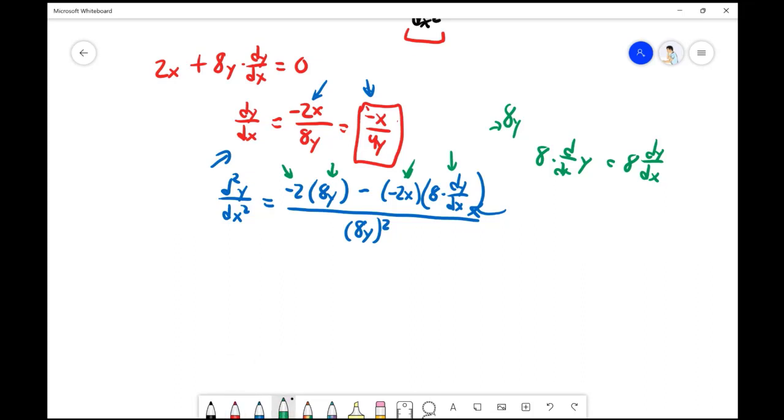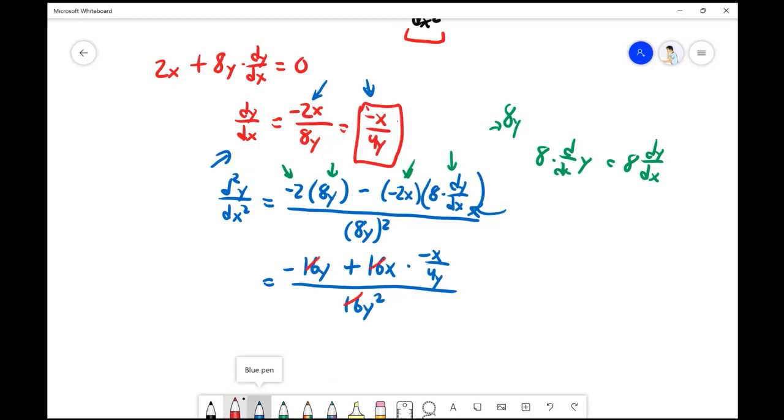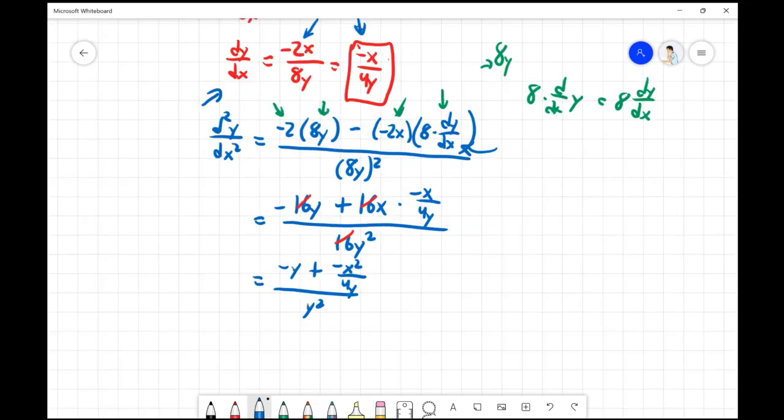So I'm going to simplify as I go: it's equal to negative 16y plus, the negatives cancel there, 16x times negative x over 4y, all over 16y squared. Notice these cancel, and you're left with negative y plus negative x over 4y, over y squared.